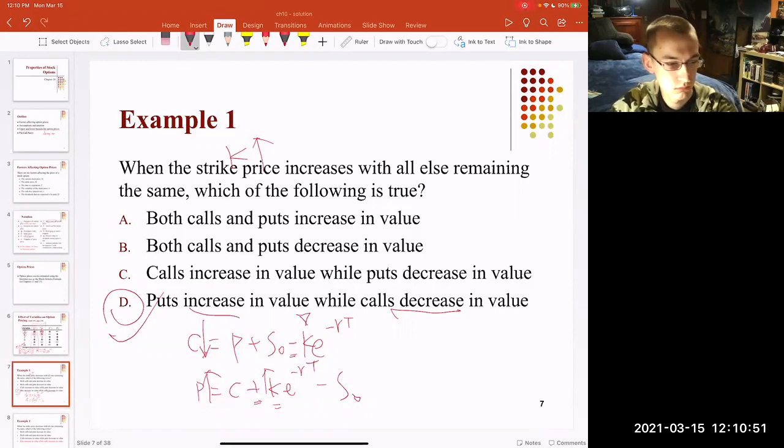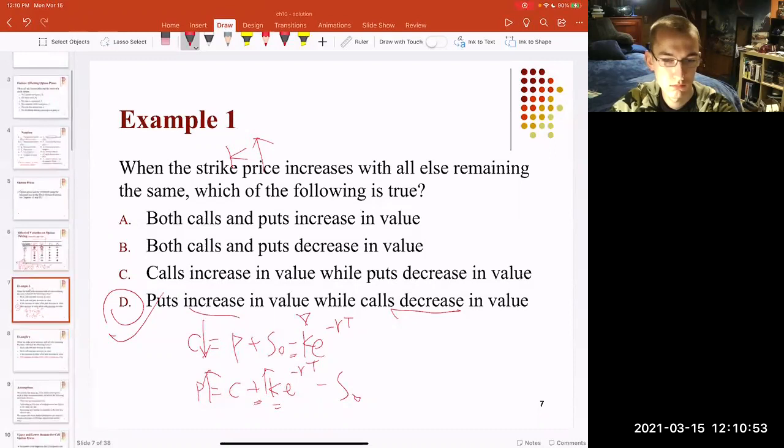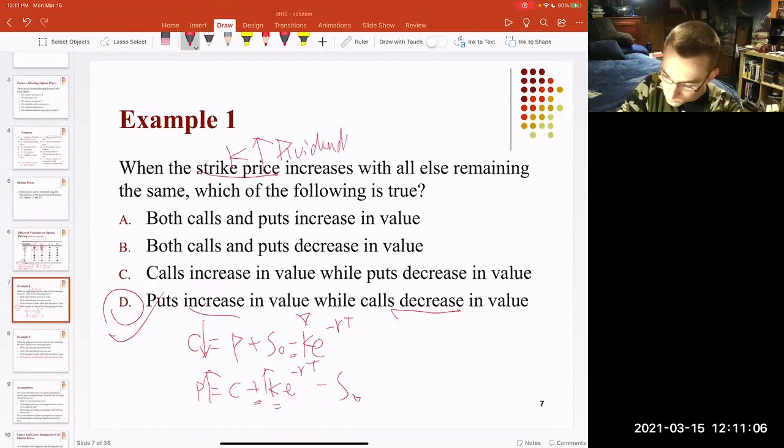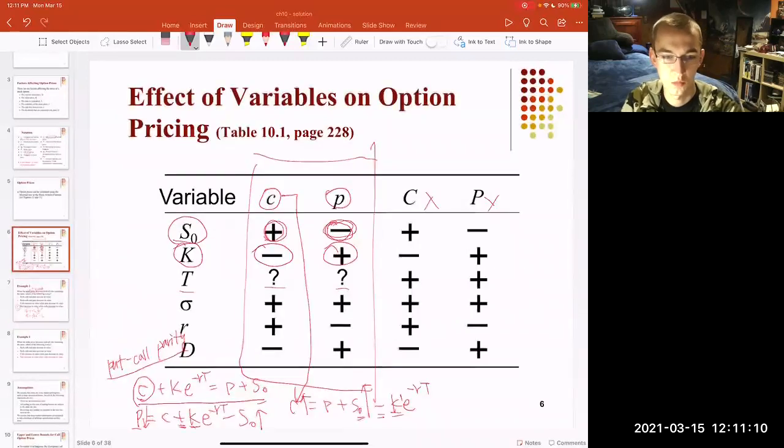Okay. If I change, for example, I change the strike price to dividend. The present value of dividends increases. What would be the case? Dividend increases, the call price will decrease and the put price will increase.